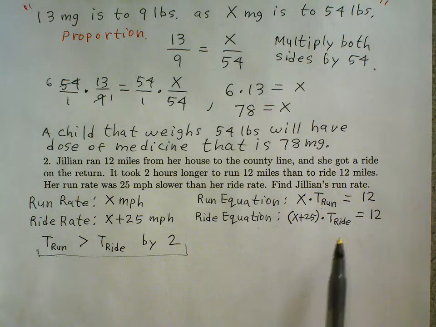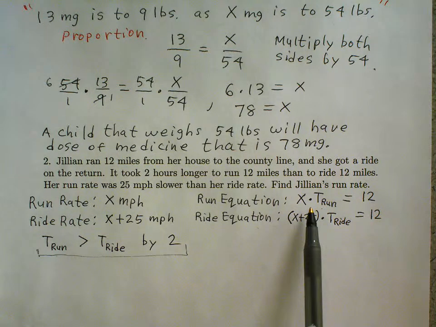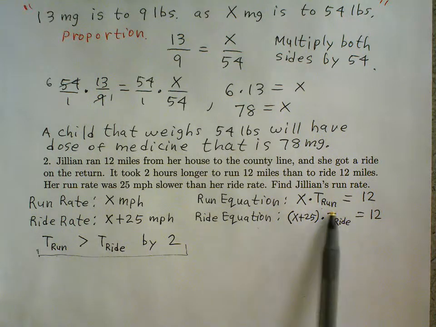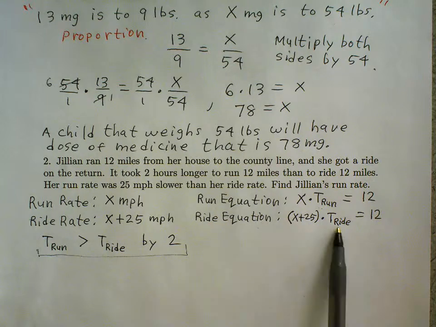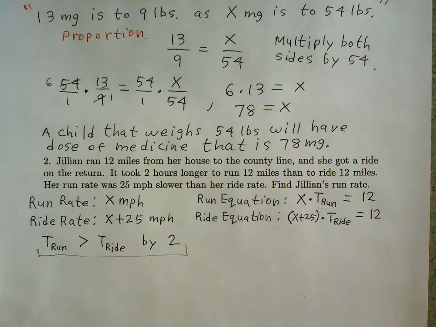And then for each of the other 2 equations, for the run equation, we can solve for the time, T sub run, and for the ride equation, we can solve for the time. And then once we've done that, we can substitute into the equation that we formulate over here. And then we'll have an equation whose only variable is x.